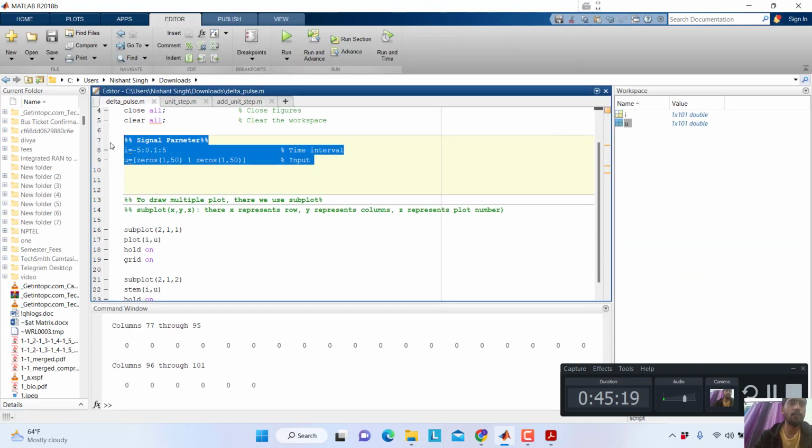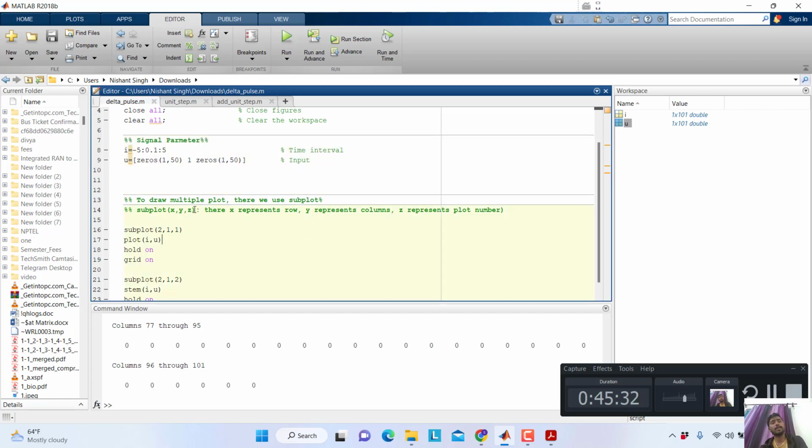Now we have to draw multiple plots. We are using subplot because I will show two results there. The subplot function is represented by this term, where x represents rows, y represents columns, and z represents the plot number.